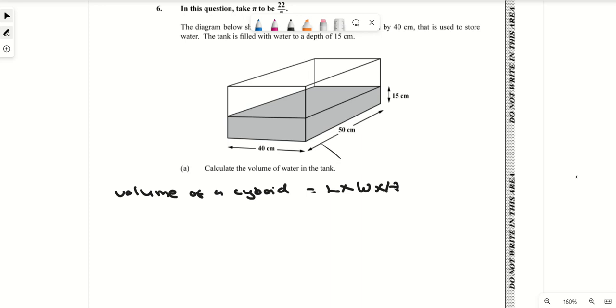Your length here is usually your longest, which is 50, multiplied by 40, multiplied by height, 15. And you do this on your calculator: 50 by 40 by 15 is 3 and 4 zeros. So that's 30,000 centimeters cubed.